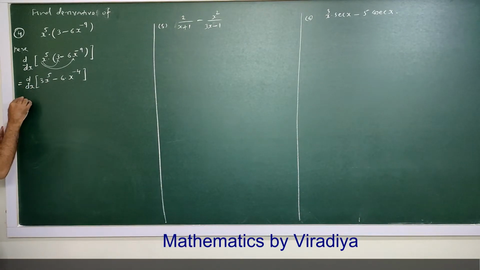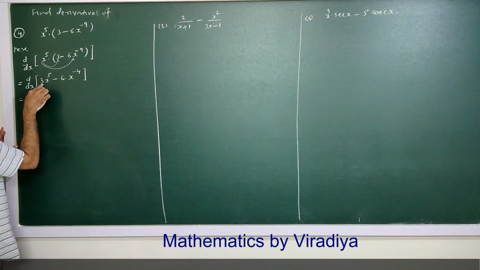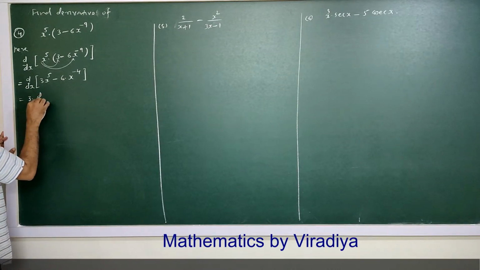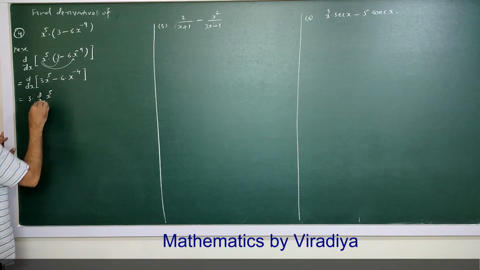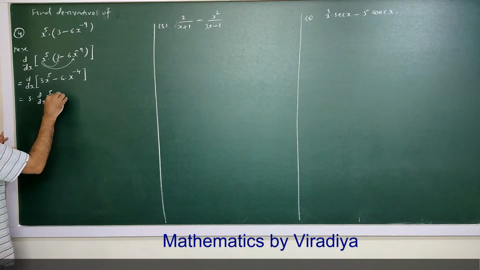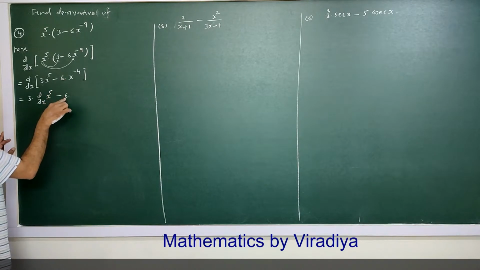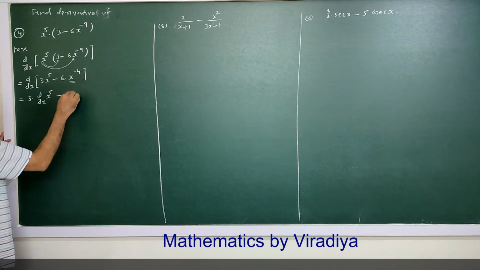Now differentiating, see, 3 is a constant, keep it inside: 3 into d by dx of x raised to 5 minus 6, which is a constant in multiplication, keep inside the derivative of this function.